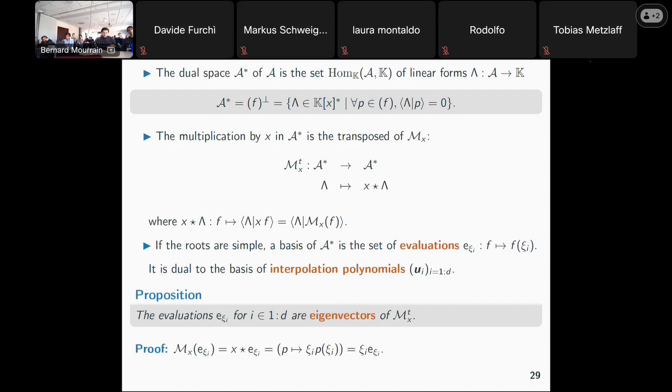And in fact, these evaluations are eigenvectors of the transpose multiplication operator.